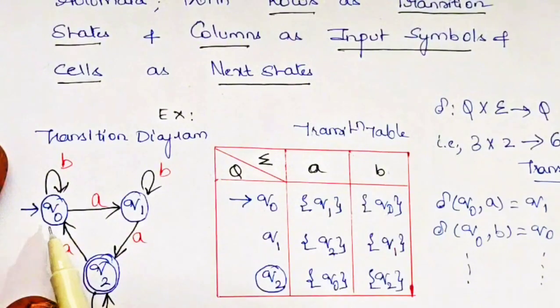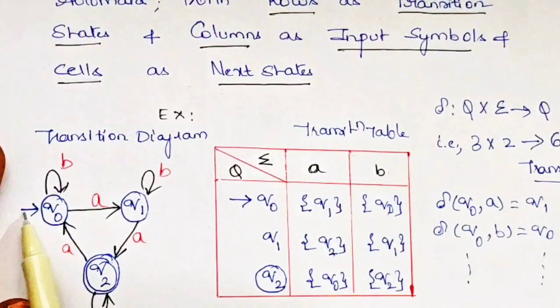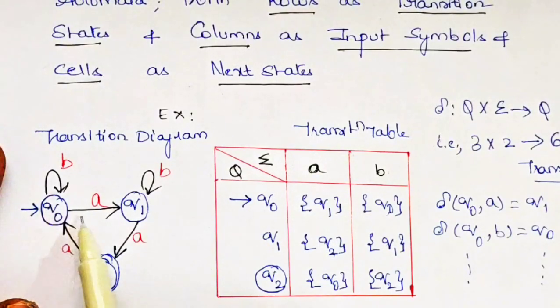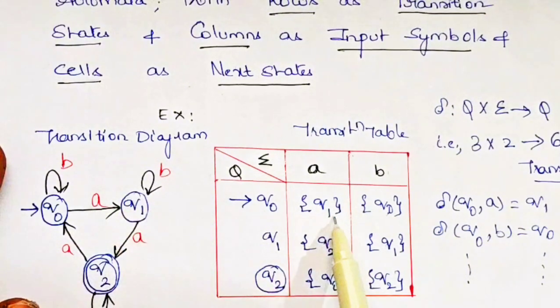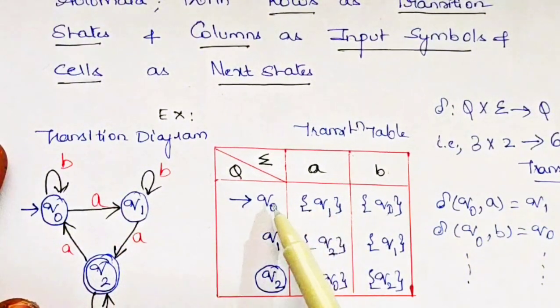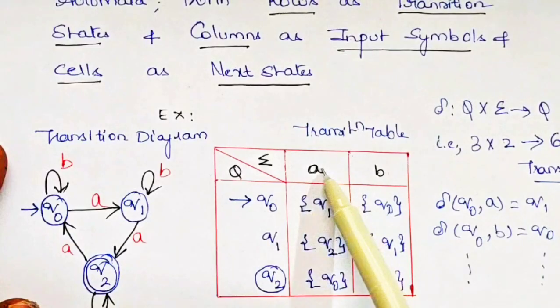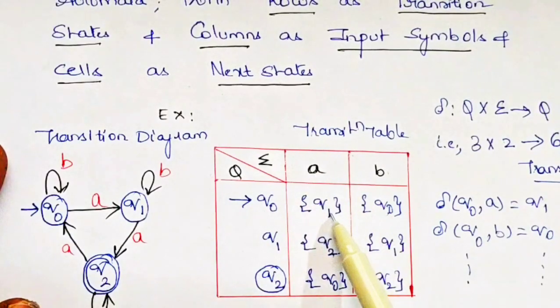Let us look at the transition diagram here. The initial state, which is denoted with the incoming unlabeled arrow, Q0, on reading an input A is moving to the state Q1. So here the entry in the table is Q0 on reading an input symbol A will move to the next state Q1.